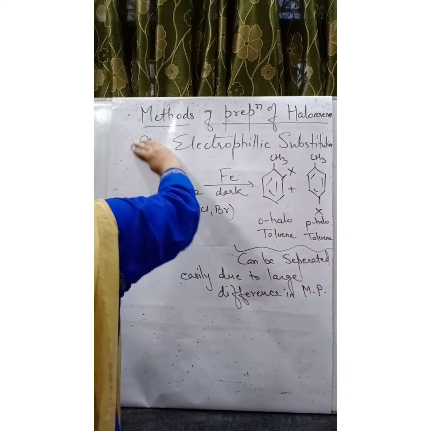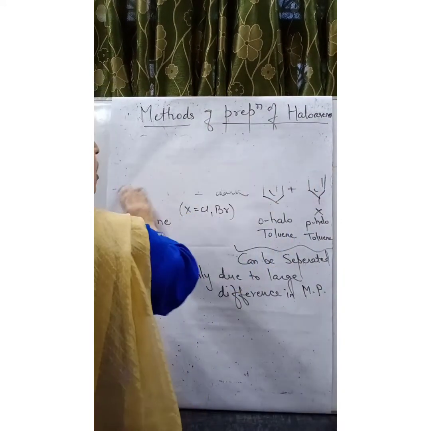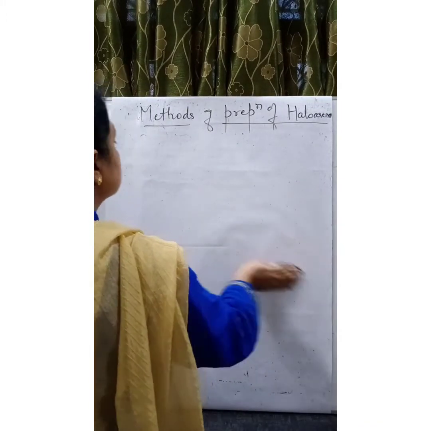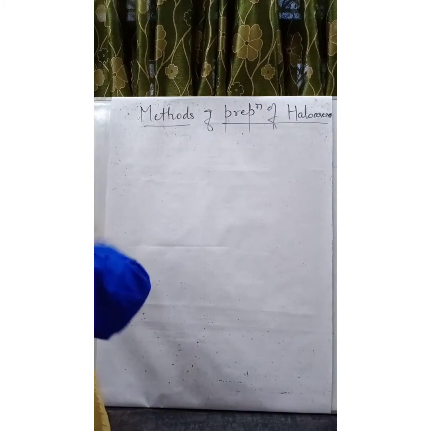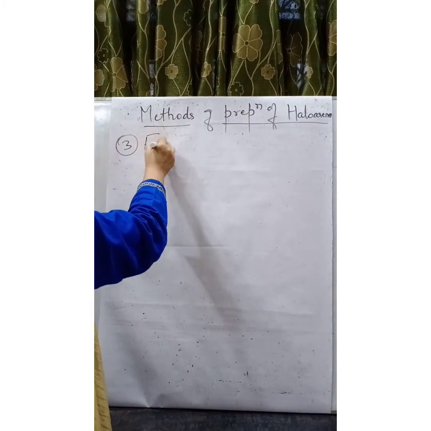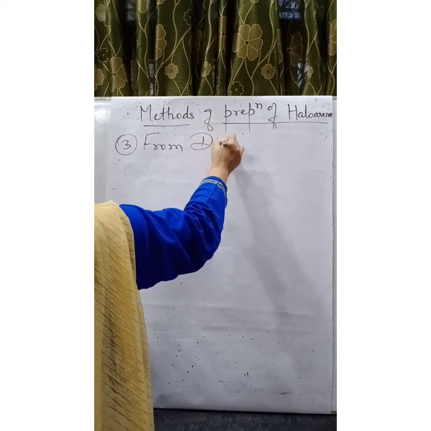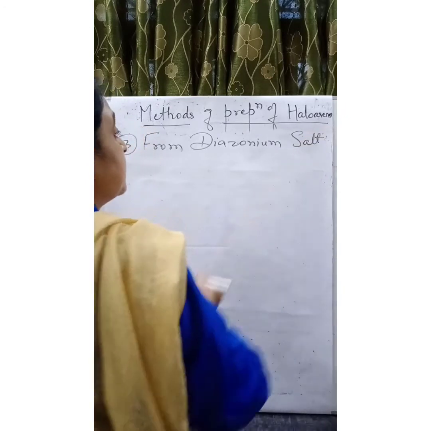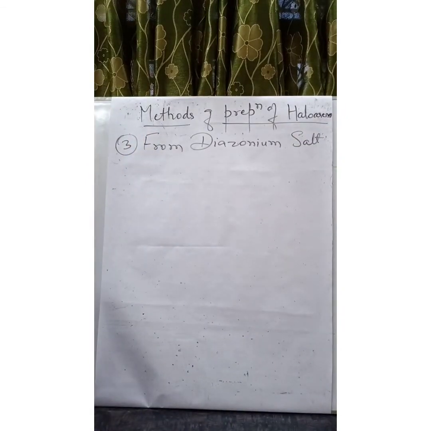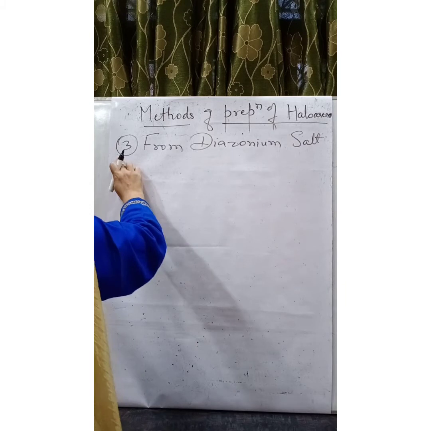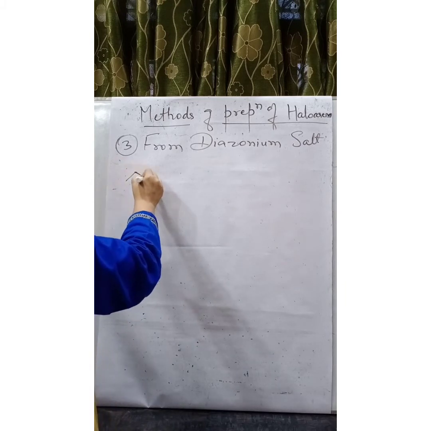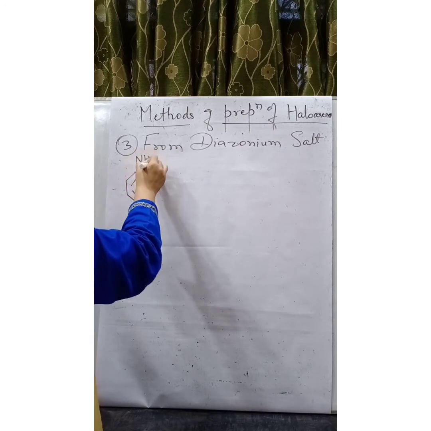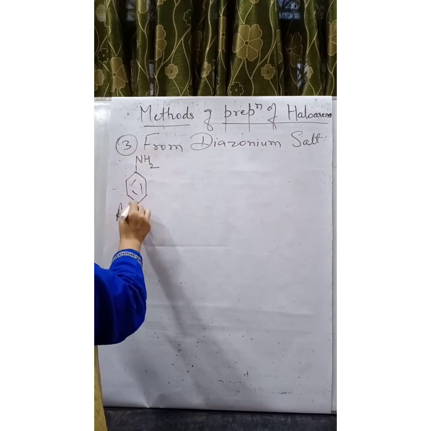Let us move on to the third method of preparation of haloarenes, that is from diazonium salts. Diazonium salts are reactive intermediates. First of all, how to prepare diazonium salts? Aniline is a primary aromatic amine.